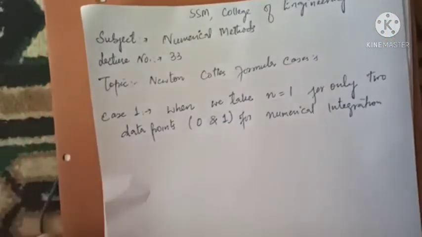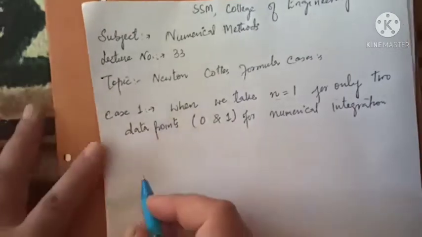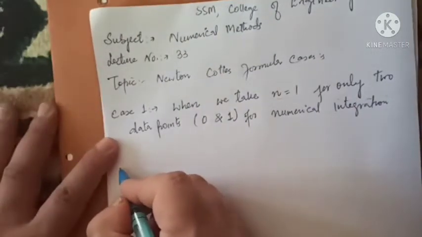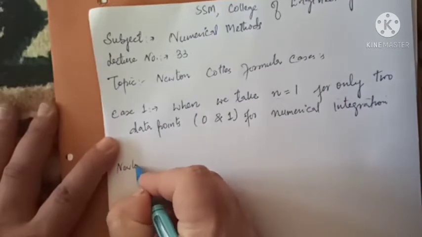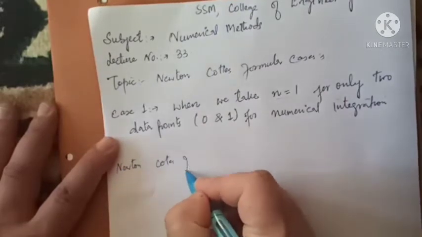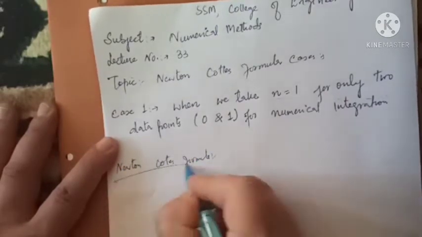If you remember the Newton Cotes formula which we derived in the last lecture, what was that?